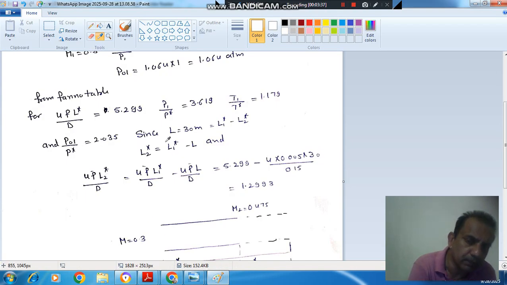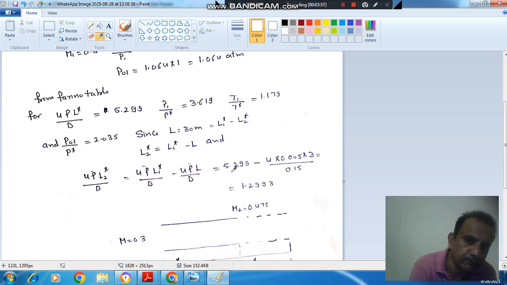But our actual length is 30 meters, and this data is in terms of L1 star. So from this data, f is known, we can calculate L1 star.